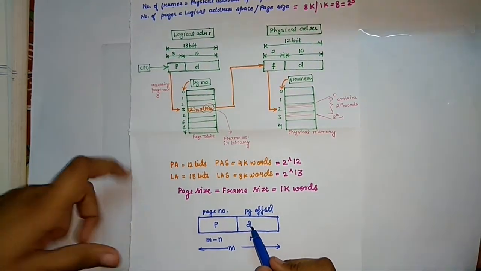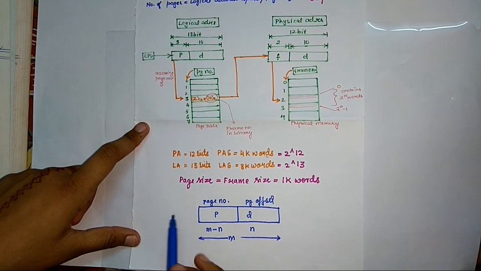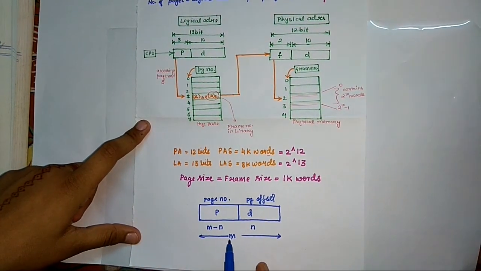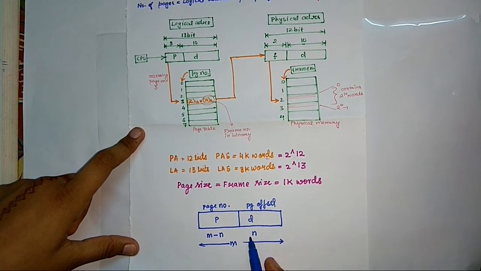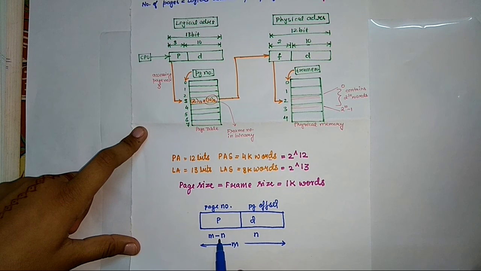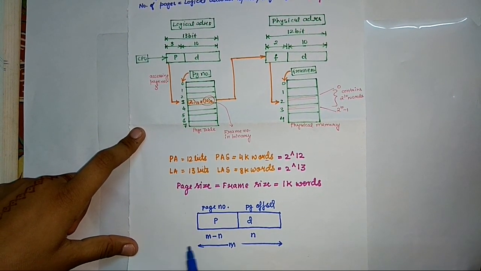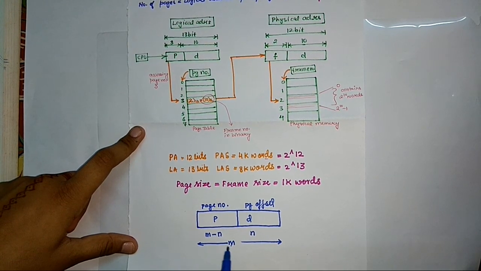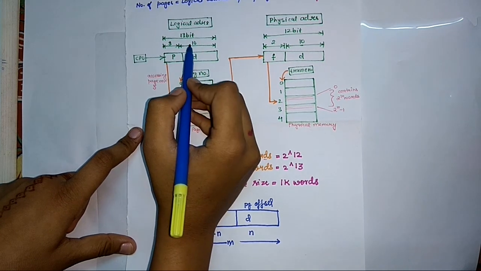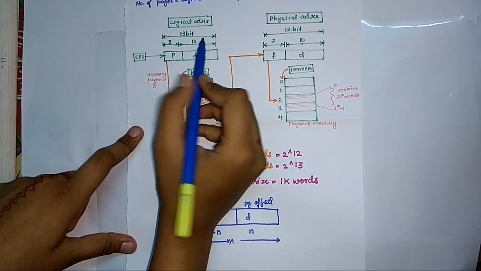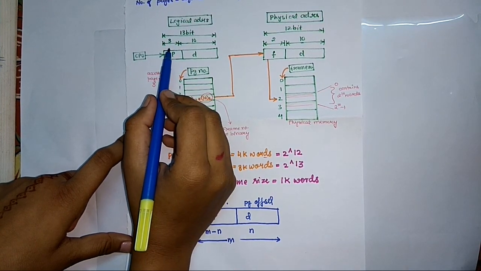The page offset is the displacement within a particular page. The total logical address space here is denoted by M and the page offset is denoted by N, and the remaining M minus N denotes the page number. So in this example, the total logical address is 13 bits, and here we have taken the page offset as 10. The remaining 13 minus 10, that is 3, is given to the page number.